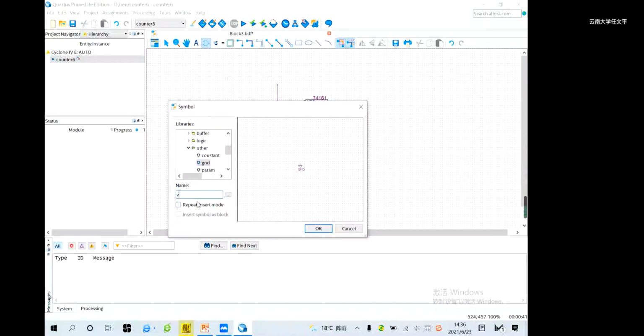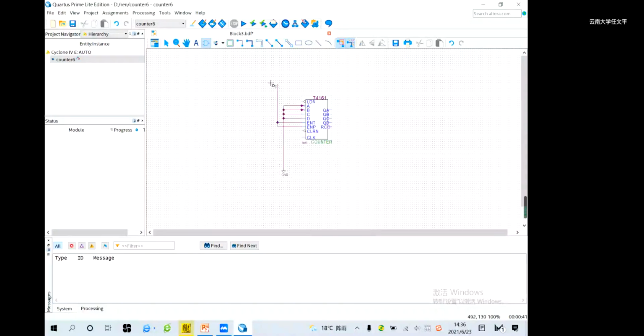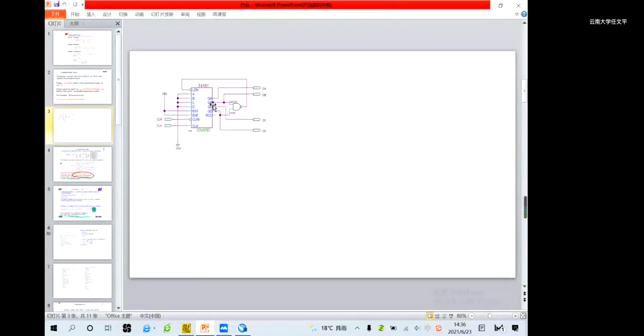VCC. Good. The four output signals are QA, QB, QC, QD.